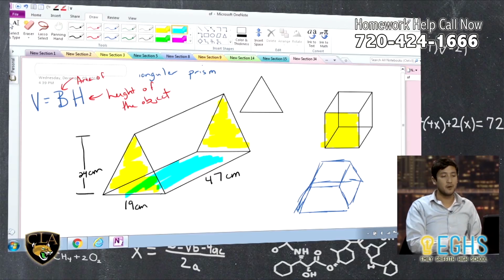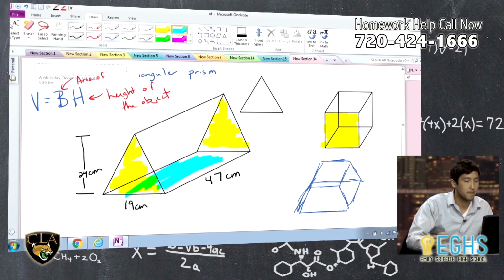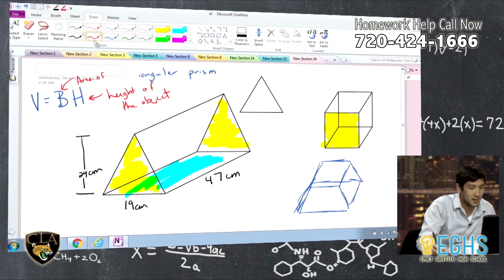Right. When we talk about prisms, when we talk about the bases, we're really talking about those identifying shapes. Like in this case, there's that triangle that makes up both sides. I always think of those as my bases, because those are the shapes that are maintained throughout the entire shape. So I'm going to think of this triangle right here as the base.